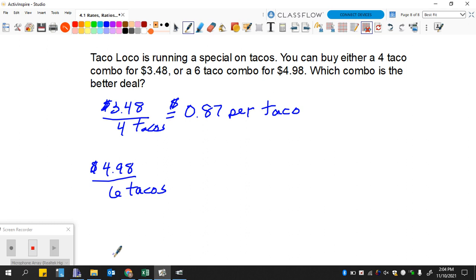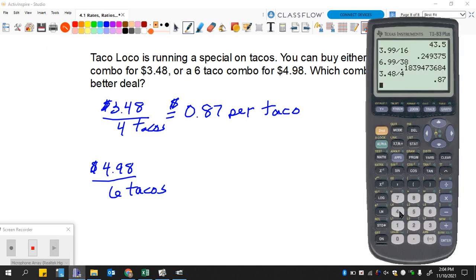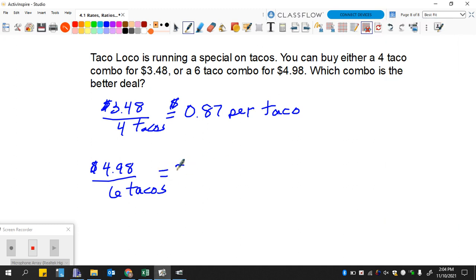So let's do the 6 taco combination. $4.98 divided by 6 is 83 cents per taco.